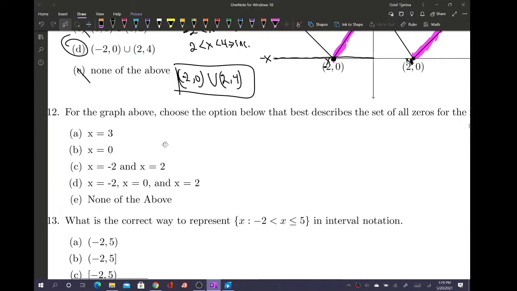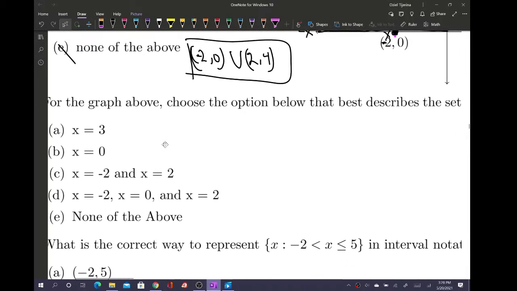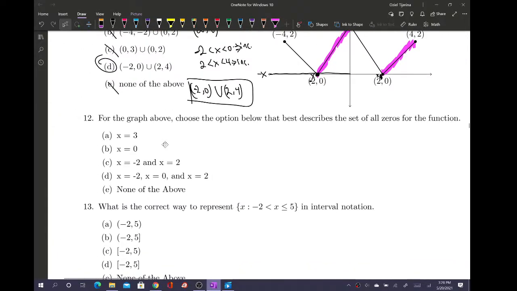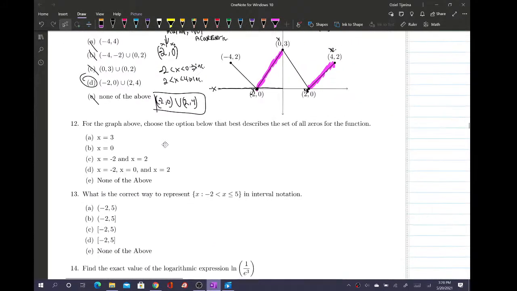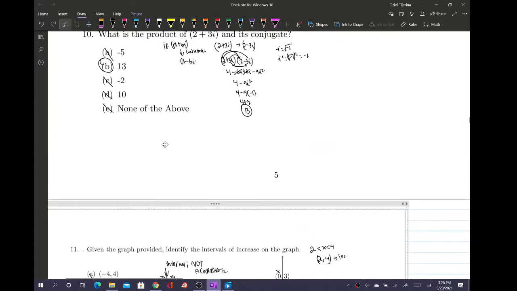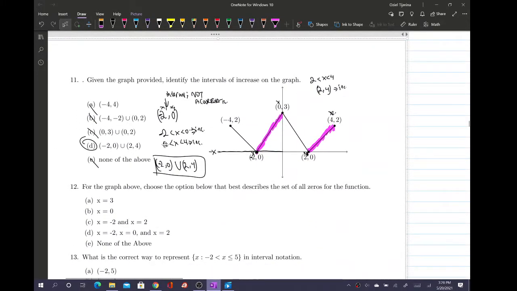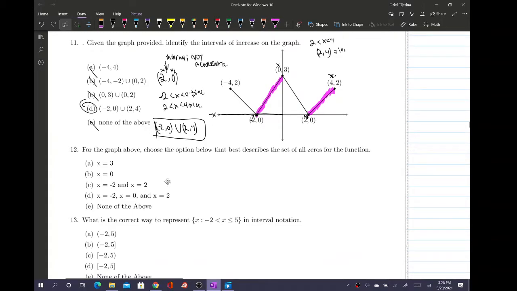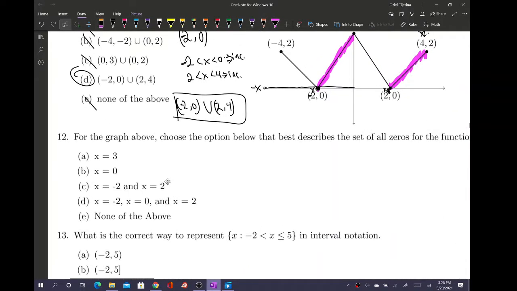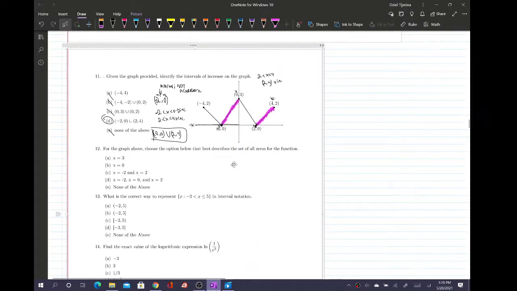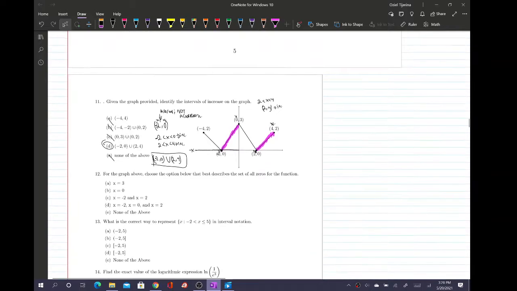So let's just get right to it. It says, for the graph above, choose the option below that describes the set of all zeros for the function.